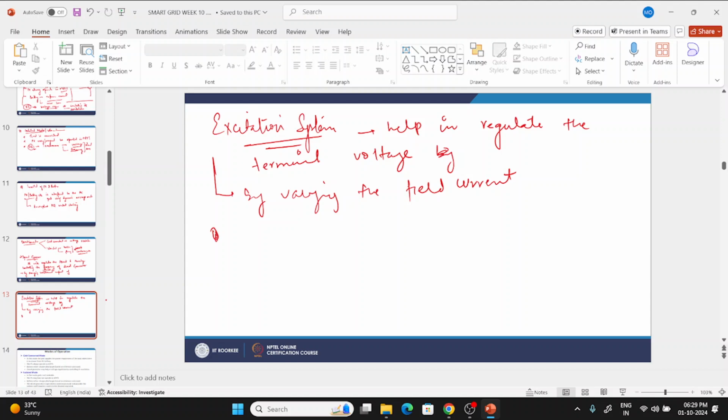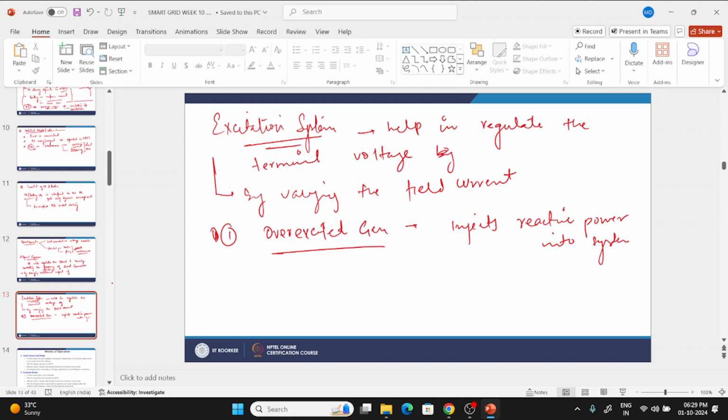The first one is the overexcited generator, in which the diesel generator injects reactive power into the system.